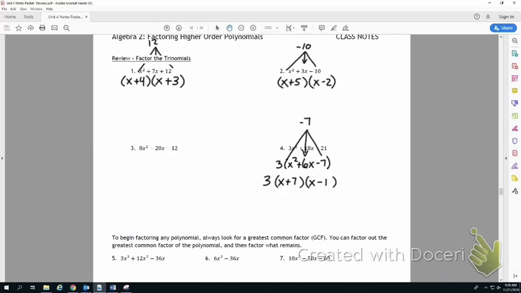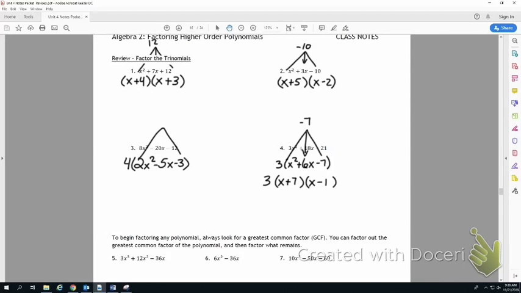Alright, going over to 3. Jacob, what do I need to do first? What I did was I did greatest common factor. Which is what on this one? 4. Okay. So greatest common factor of 4 is going to leave me with this. Go ahead and do that.